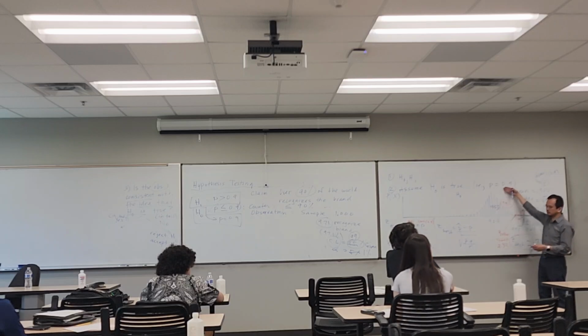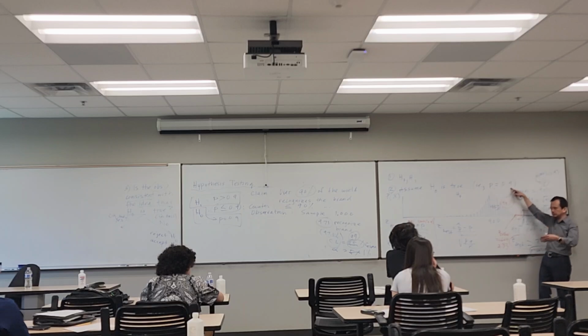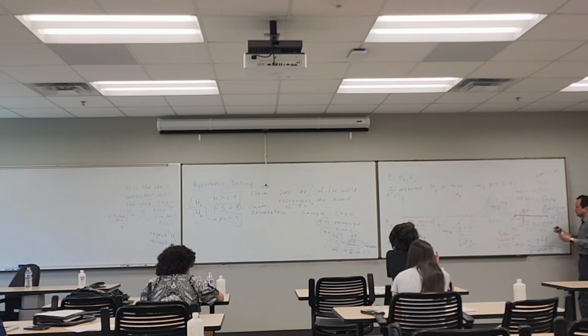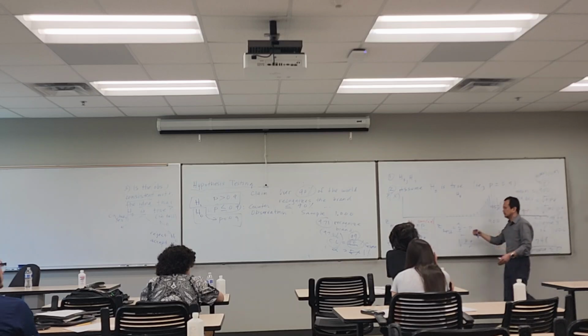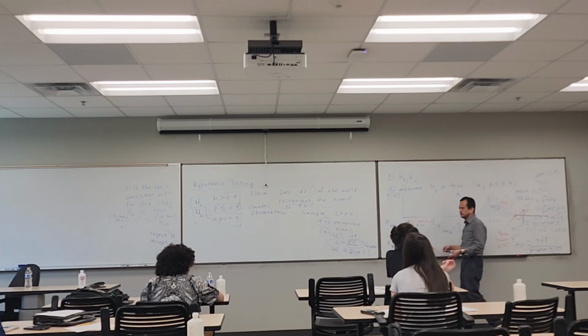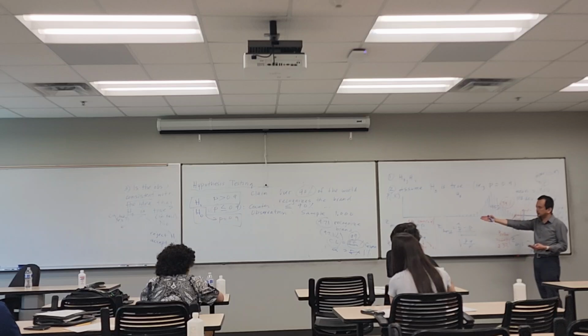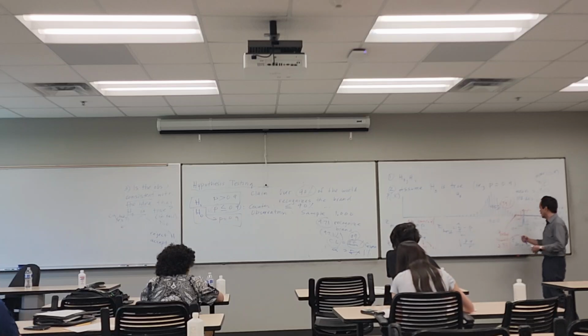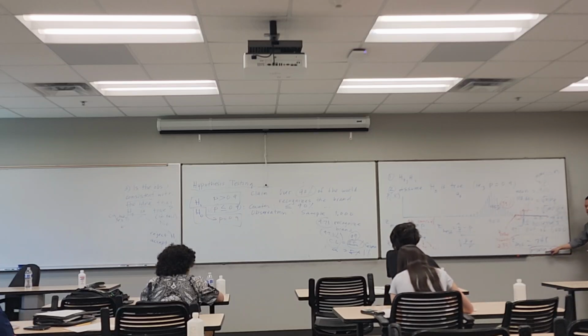We're supposing that the null hypothesis is actually true, and that the proportion of people who recognize this brand is actually 90%. If this were true, then what's the probability that you would observe this observation or one that's even more extreme? The probability of observing this in real life would be virtually 0.